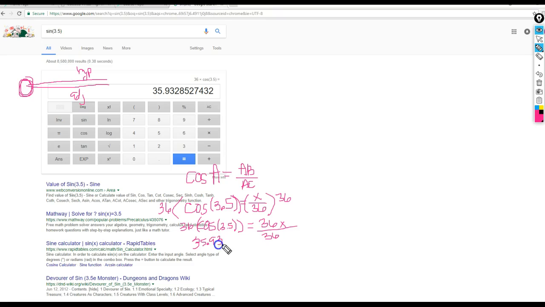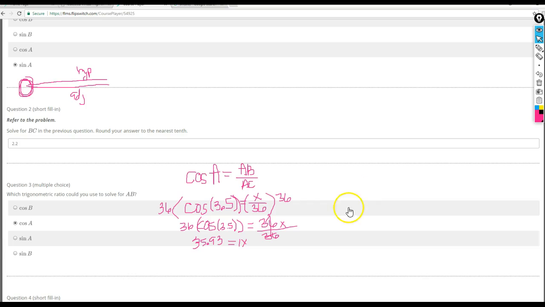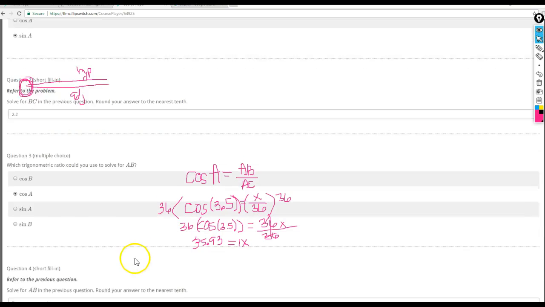So 35.93 is equal to 36x divided by 36. 36 divided by 36 is a form of 1, so I have 1x. And in math, 1x is represented as x. So we have our length of AB is equal to 35.93.